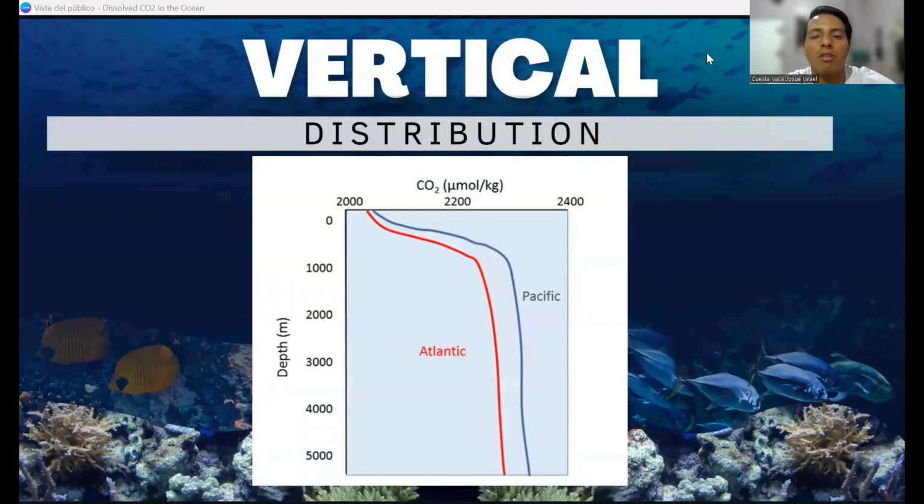Well, what about the vertical distribution of CO2? At the surface, photosynthesis consumes CO2, so CO2 levels remain relatively low. In addition, organisms that use carbonate in their shells are common near the surface, further reducing the amount of dissolved CO2.